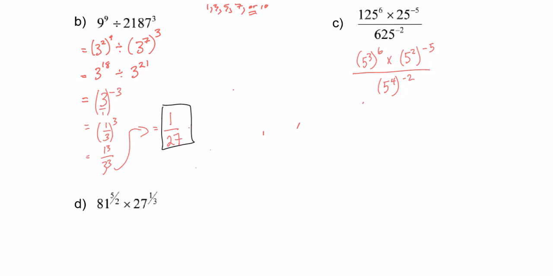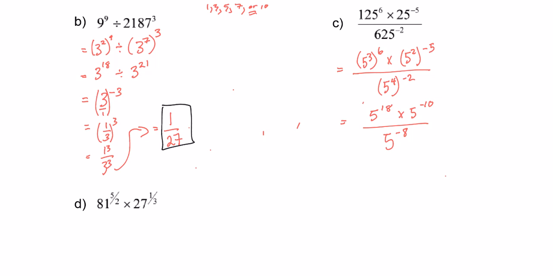And so now all we have to do is simplify the top. Anytime we have something like this, we simplify by bringing our powers of powers together, and then we'll get on to the next thing. So now we have 5 to the 18, because 6 times 3 is 18, times 5 to the negative 10, divided by 5 to the negative 8, because 4 times negative 2 is negative 8.